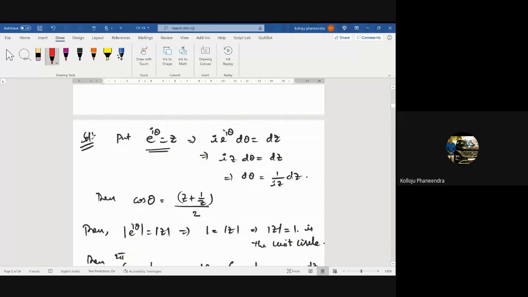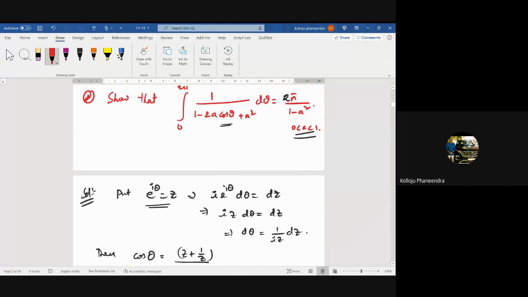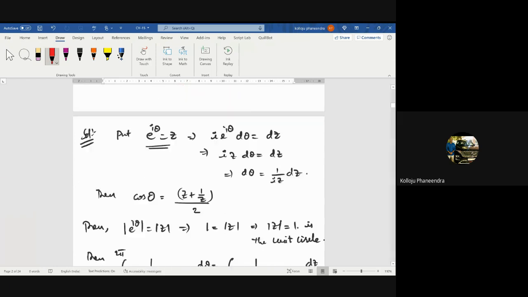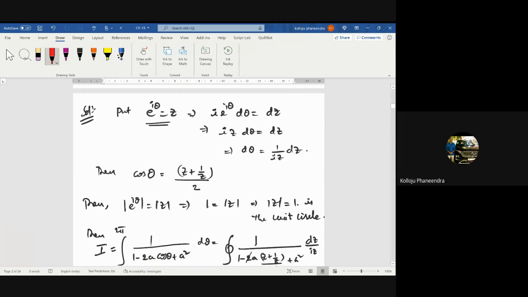Okay, once again I'm explaining this. To convert the real integral to a complex integral, put e power I theta equal to z. Then cosine theta value is z plus 1 by z by 2, and sine theta value is z minus 1 by z by 2i. Substitute everything, and the curve becomes mod z equal to 1.